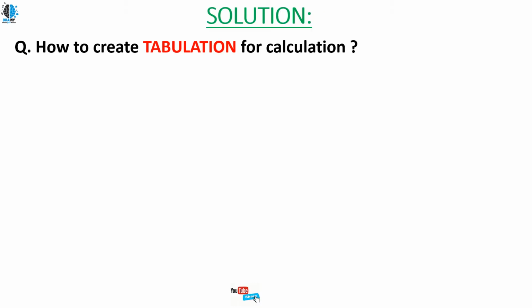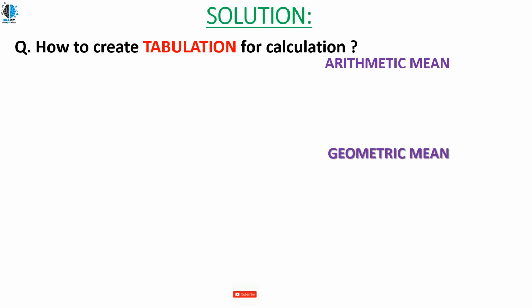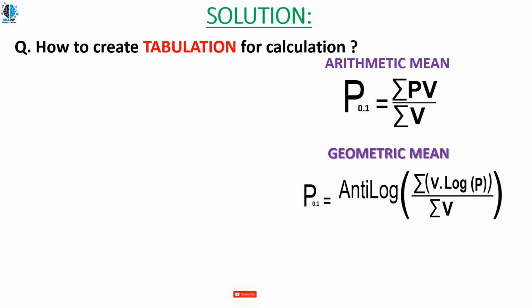In the solution, how do we create the tabulation for the calculation? We need to calculate arithmetic mean and geometric mean. So let's see the formulas. What is the formula for arithmetic mean? Price index of the current year based on base year is equal to summation of price relative into weight, divided by summation of all weights.